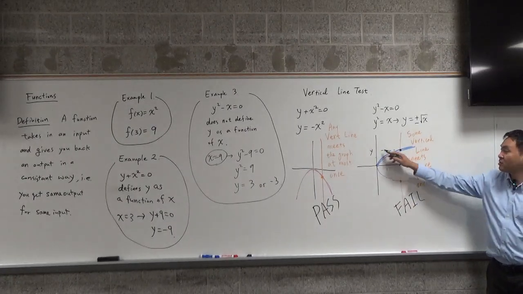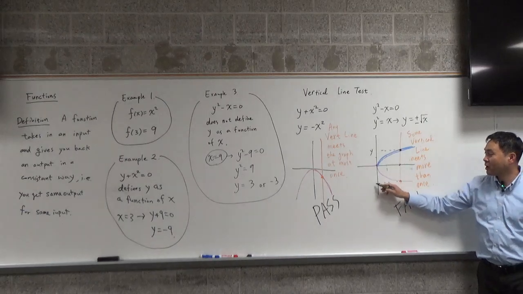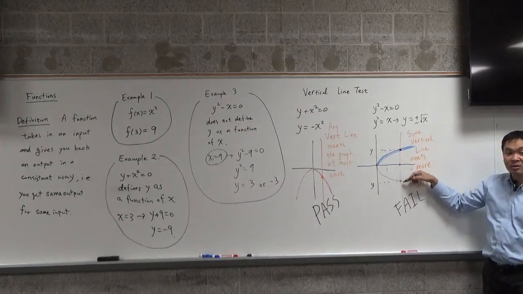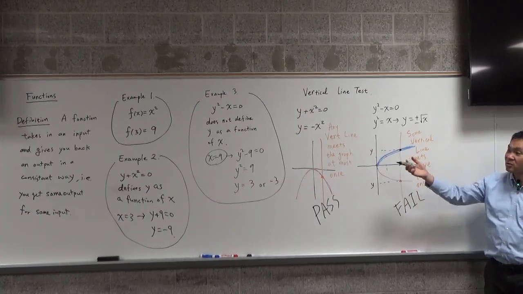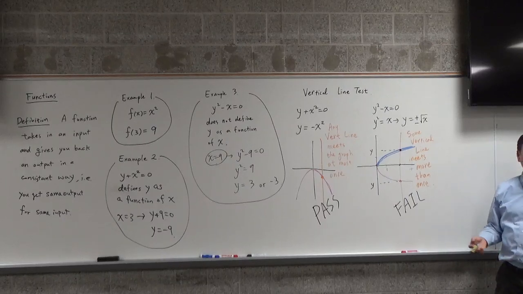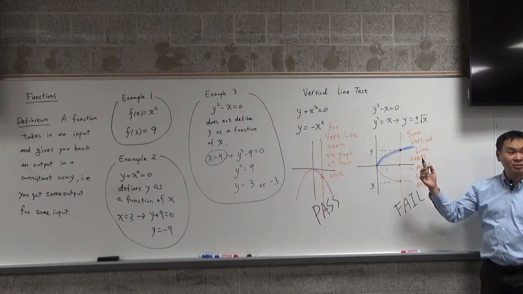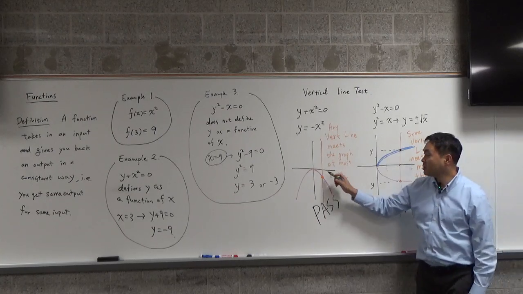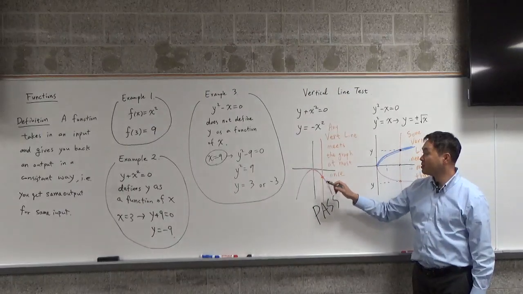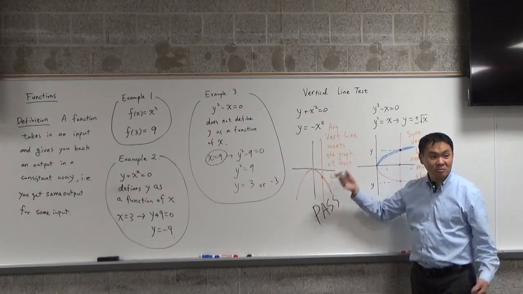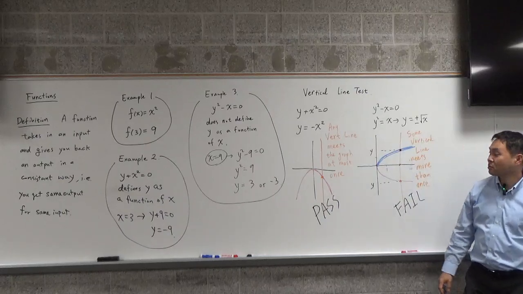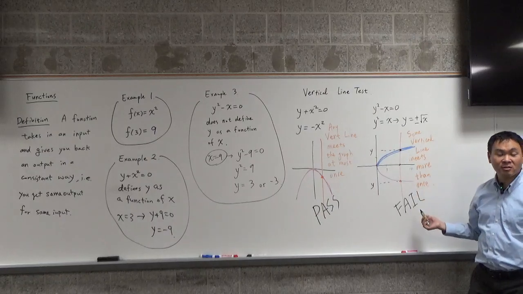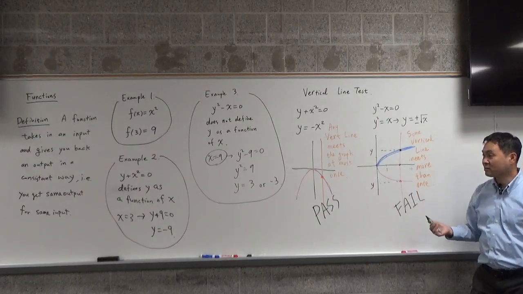But look, you have this as the y output, and then this also has a y output. You have two different values for a single input here. That violates our principle of being a function, where a function should only have one consistent output for an input. Over here, you only have one output for every input, so it's a function. So passing the vertical line test means that it's a function, whereas failing the vertical line test means y is not a function of x.